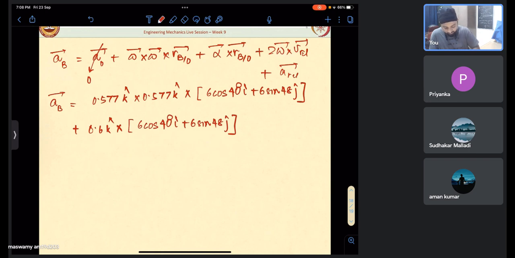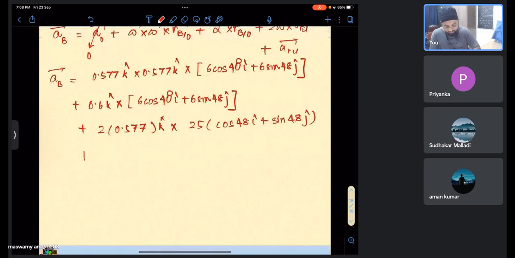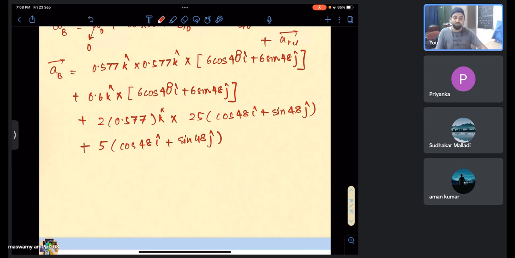Plus 2 omega K cross V rel. V rel we just wrote as 25 into (cos 48 i plus sin 48 j) plus A rel. A I think was given to be 5, so it will just be 5 into (cos 48 i plus sin 48 j). So I think I'd rather leave you with this solution.